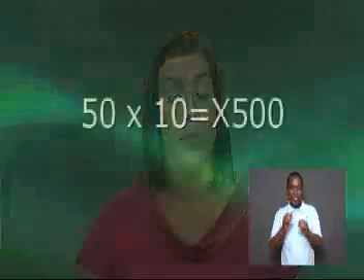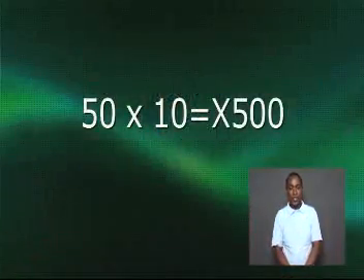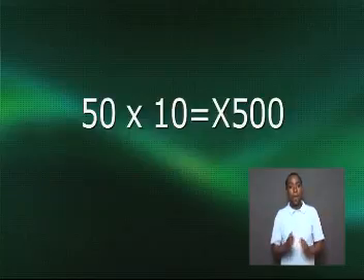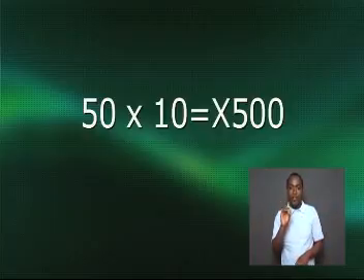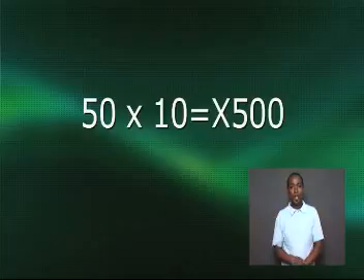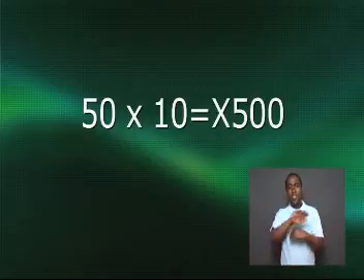The magnification of the specimen is calculated by multiplying the magnification of the objective lens by the magnification of the eyepiece lens. So if, for example, the magnification of the objective lens is 50 times and the eyepiece lens is 10 times, then the overall magnification will be 500 times.